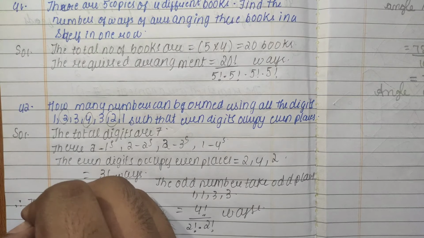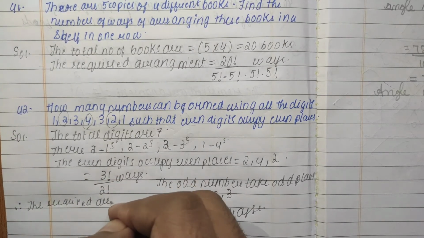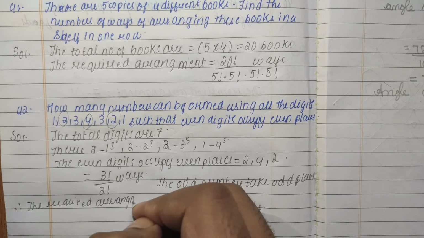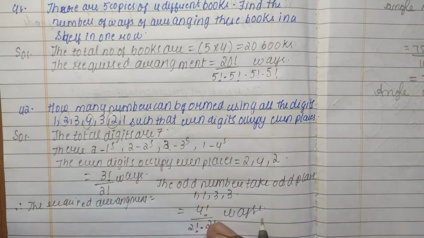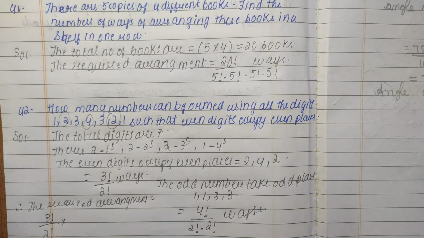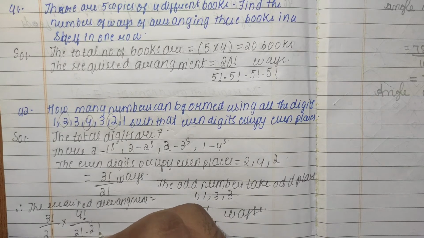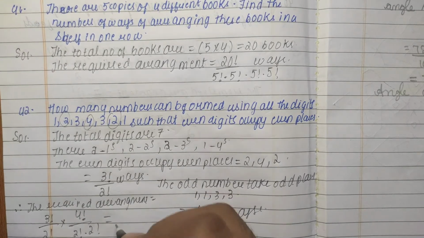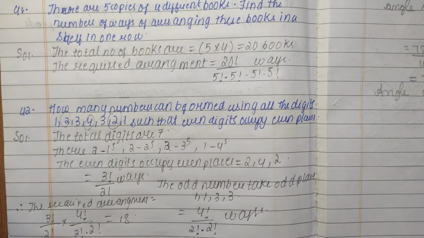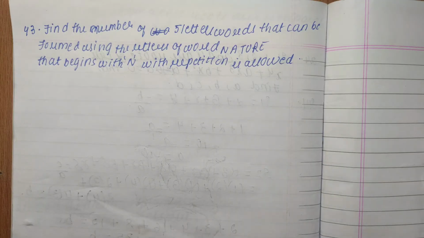Therefore the required arrangement is multiply these two terms. So 3 factorial by 2 factorial into 4 factorial by 2 factorial into 2 factorial, which means answer is 18 ways. That's it. I hope you have understood the previous sum.